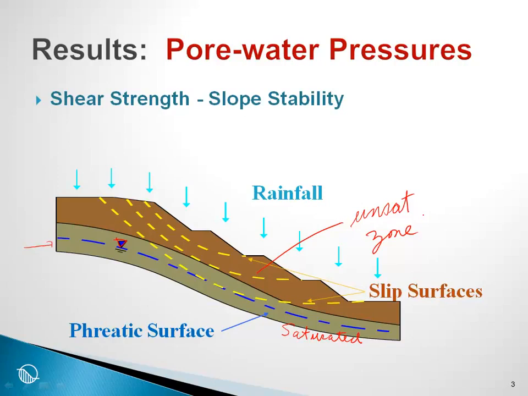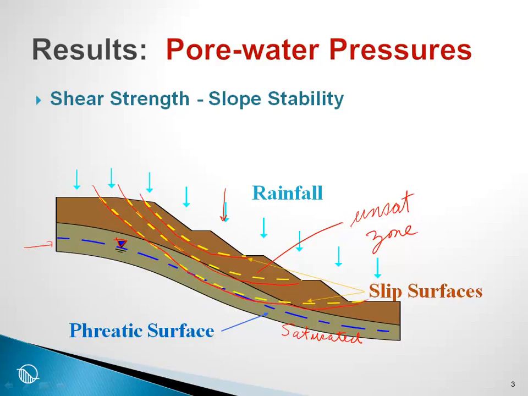In this case, the rainfall infiltrating into the ground may affect the suction and therefore affect the pore pressures and indirectly affect the effective stress and the shear strength. And as a result, stability up in the unsaturated zone is every bit as much interest as stability at a deeper level where we may in fact encounter the saturated zone.